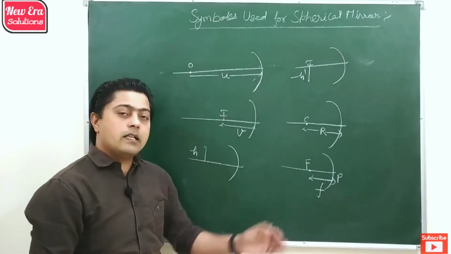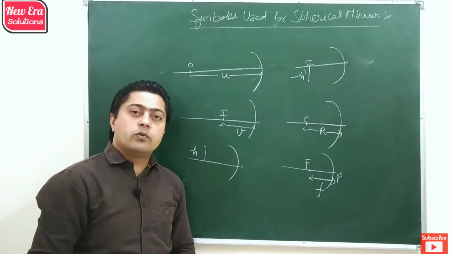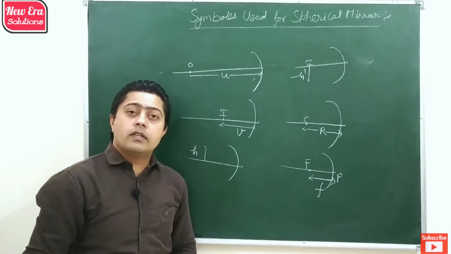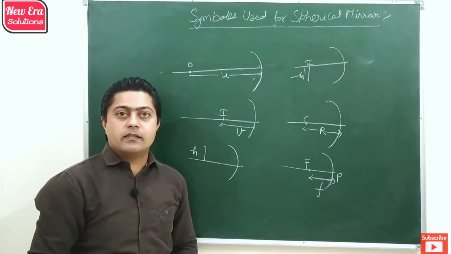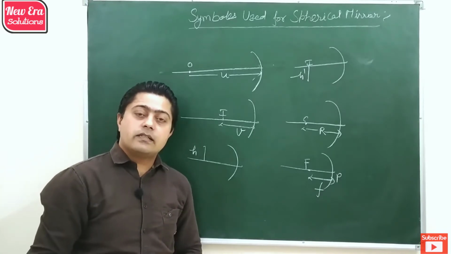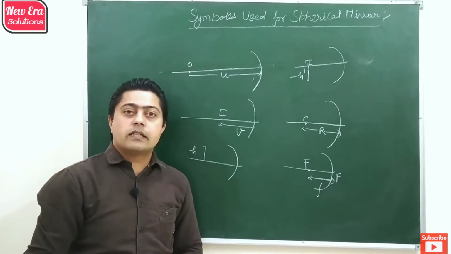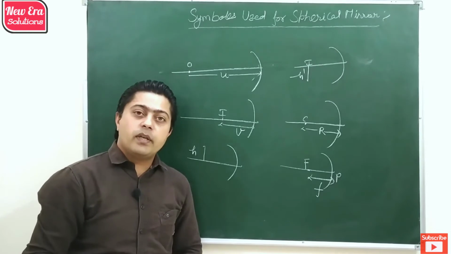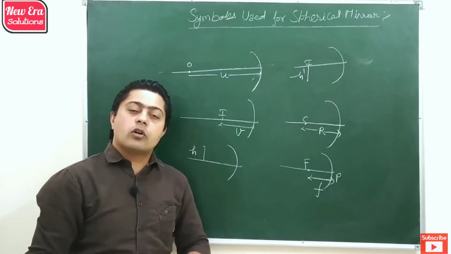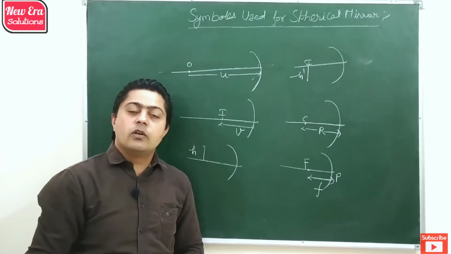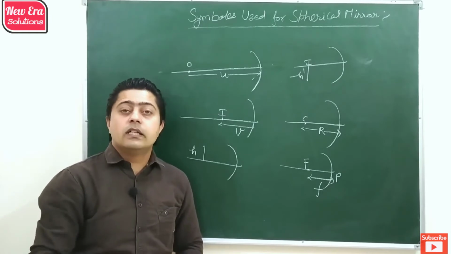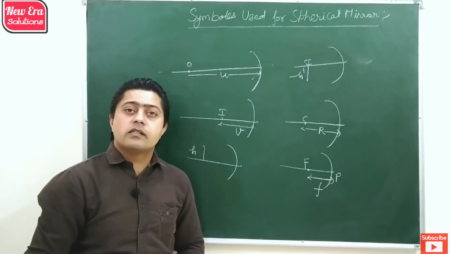So these are 6 symbols which we use to represent horizontal and vertical distances. Now these distances also have certain signs. They may be positive or negative according to various conditions. For that we have to learn the sign convention in spherical mirrors.